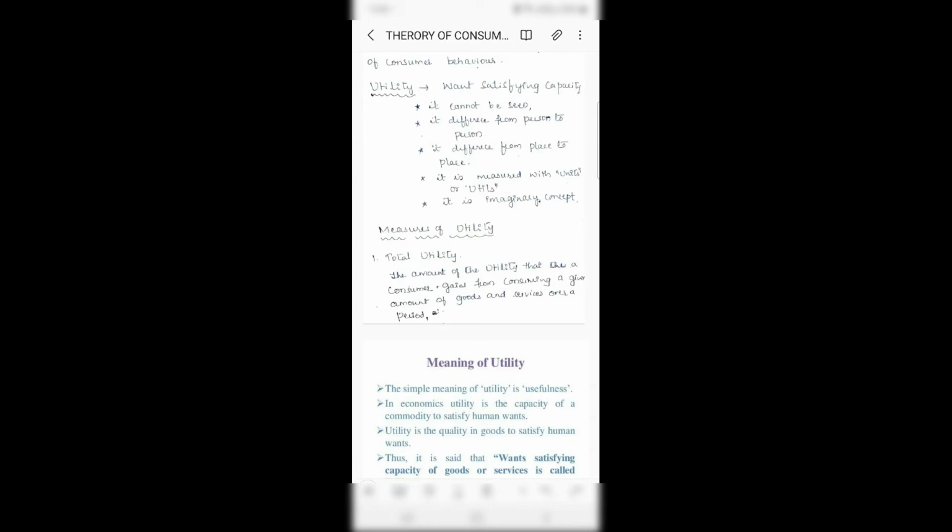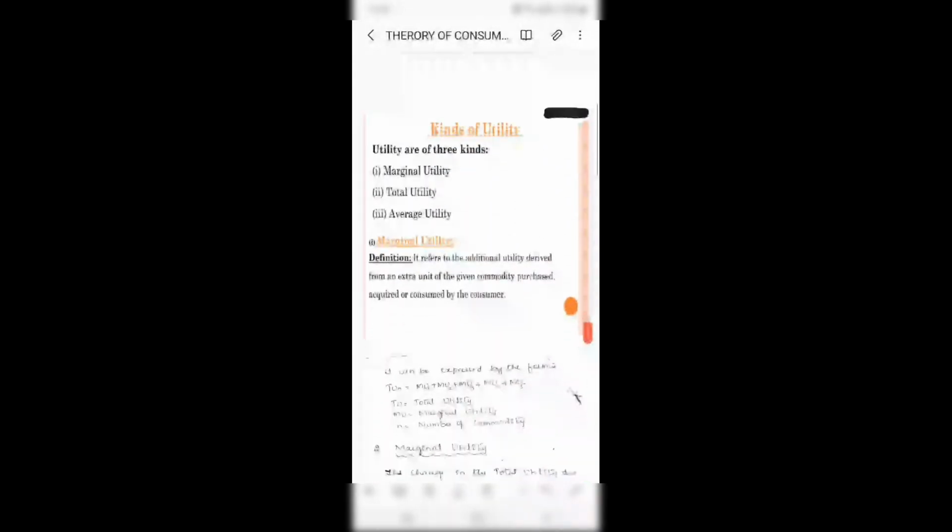Utility can be measured as total utility and also marginal utility. Total utility is the amount of utility that the consumer gains from consuming a given amount of goods and services over a period.